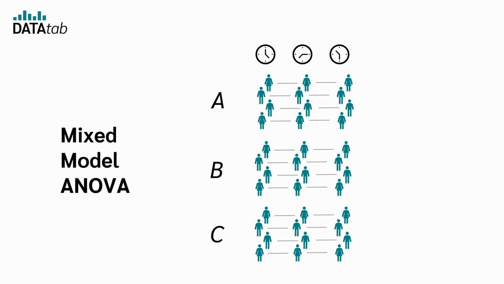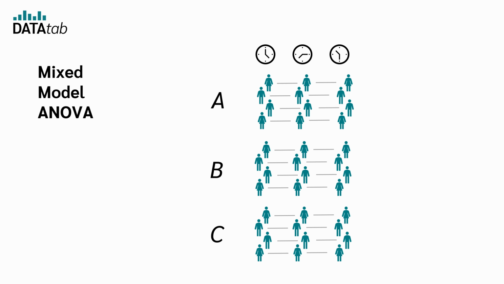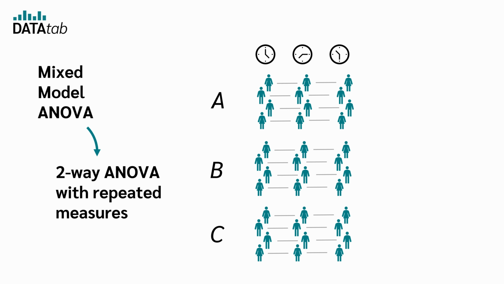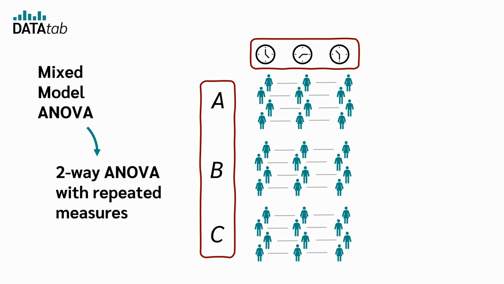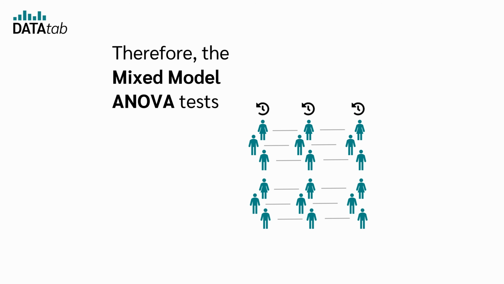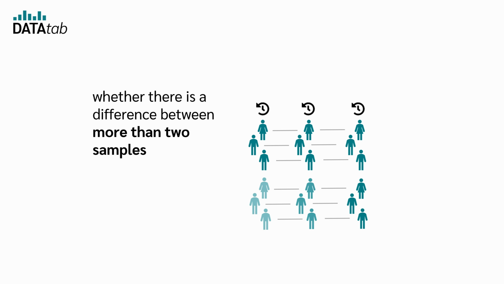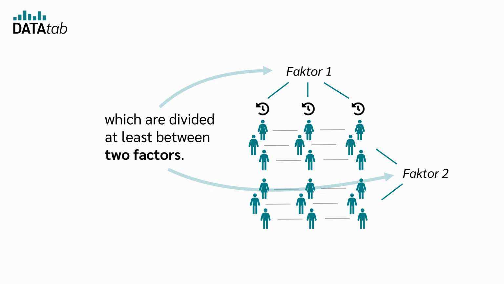So in a mixed model ANOVA, we have at least one between subjects factor and at least one within subjects factor in the same analysis. Note, a mixed model ANOVA is also called a two-way ANOVA with repeated measures, because there are 2 factors and one of them results from repeated measures. Therefore, the mixed model ANOVA tests whether there is a difference between more than 2 samples which are divided at least between 2 factors.